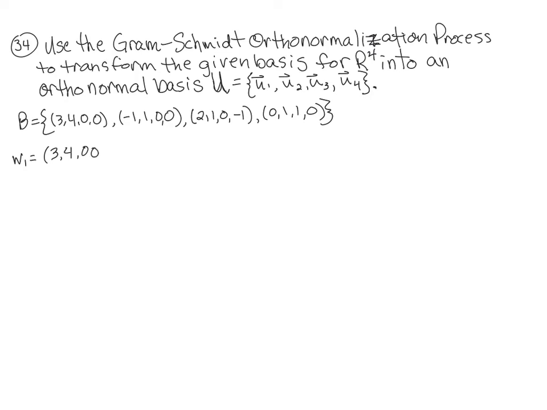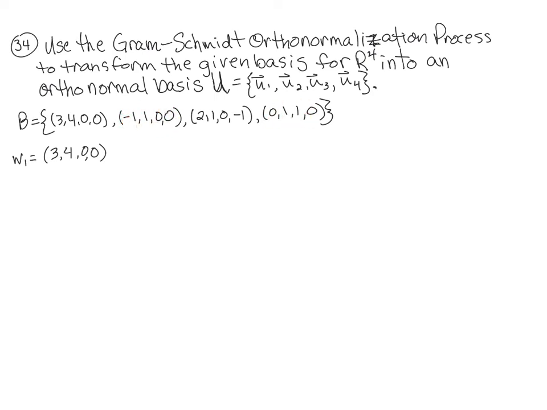Oh, by the way, the directions for these problems in the book say use the order that's given. If you put these basis vectors in a different order, you're going to come up with a different orthogonal set. So if I was doing it just for me, I would pick an easier vector to start with, but it really doesn't matter. The magnitude of this vector is square root of 2.